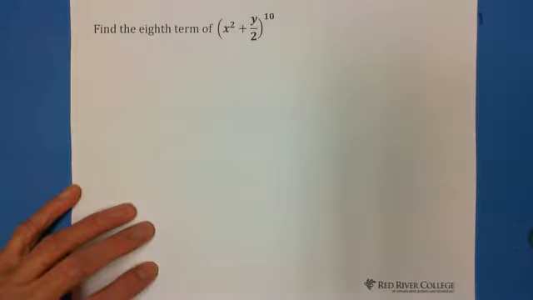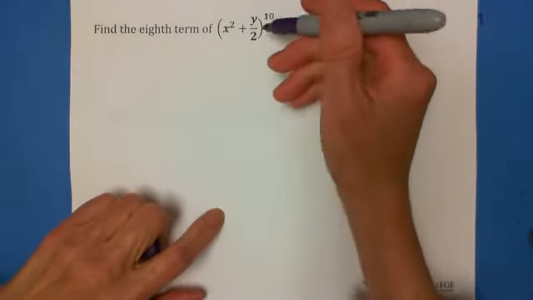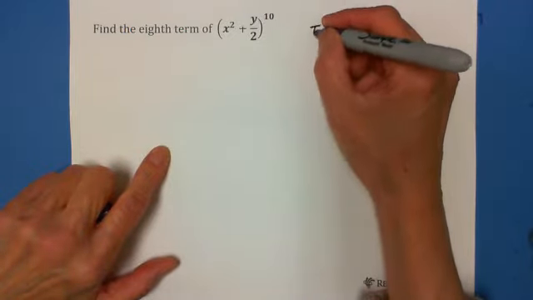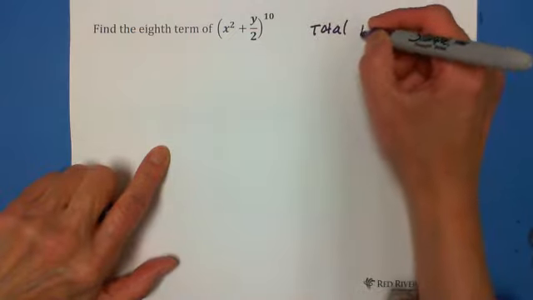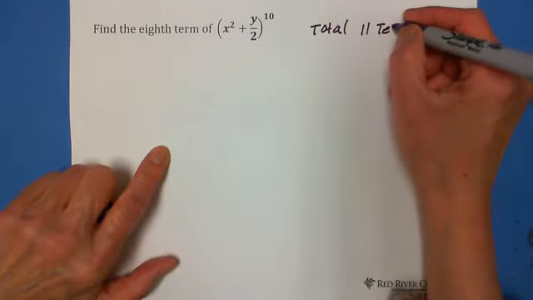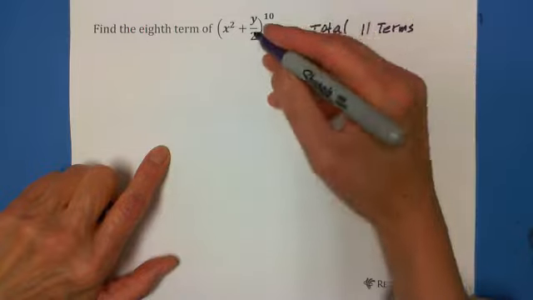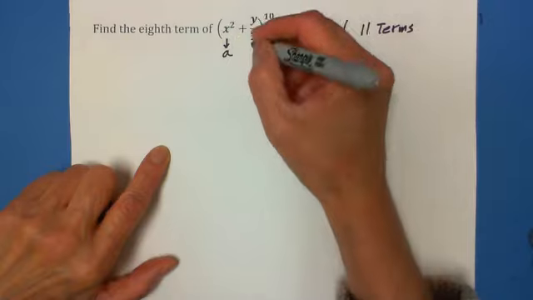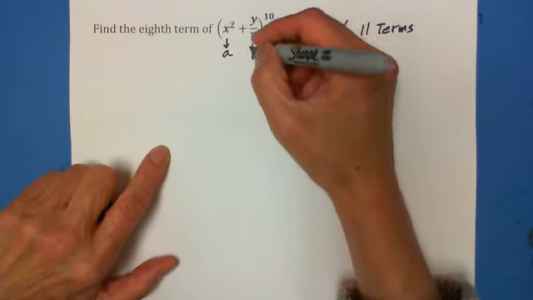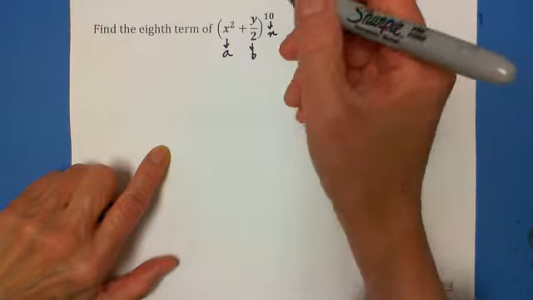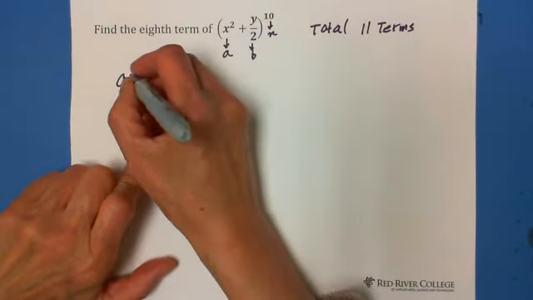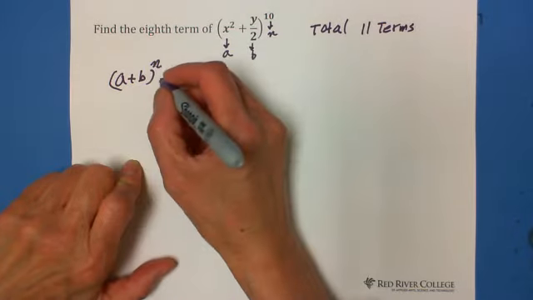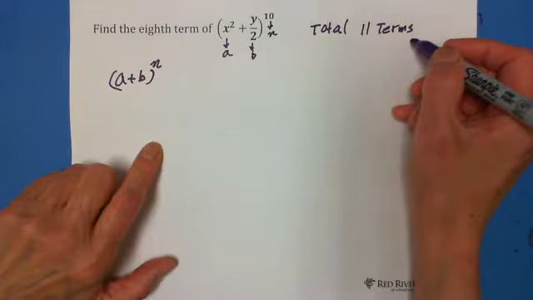In the expansion of a plus b to the n exponent, the binomial expansion, the first term x squared is the a, this is the b, and this is the n. We have a total of 11 terms.